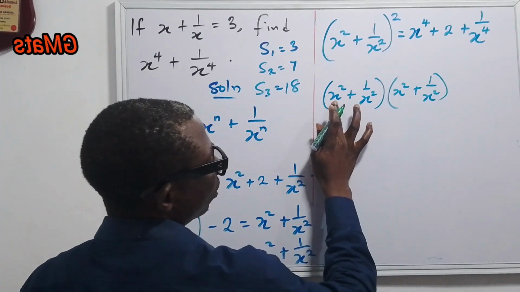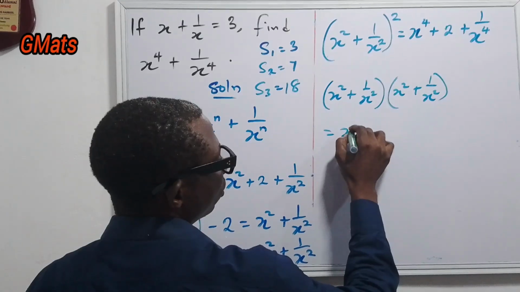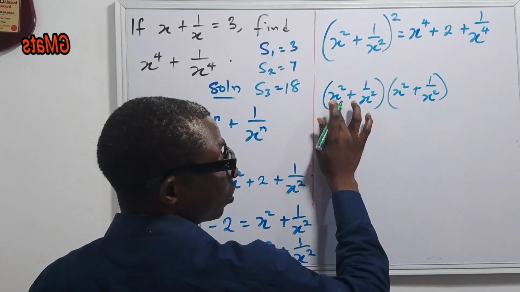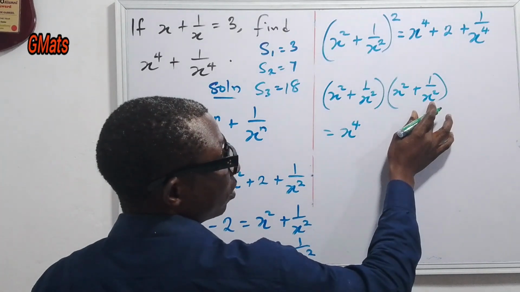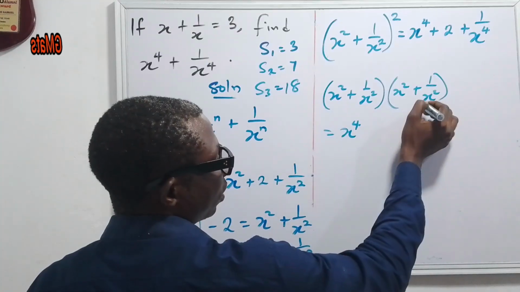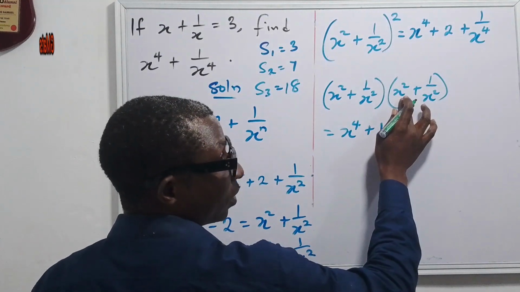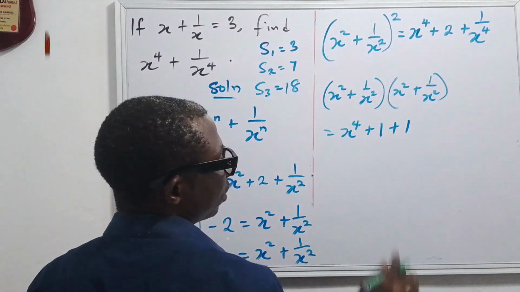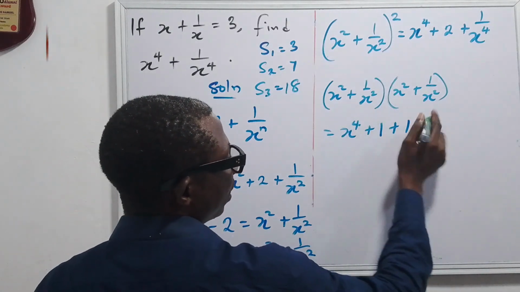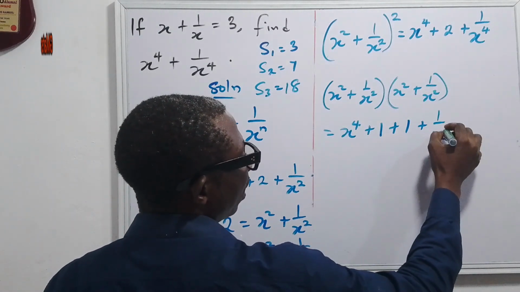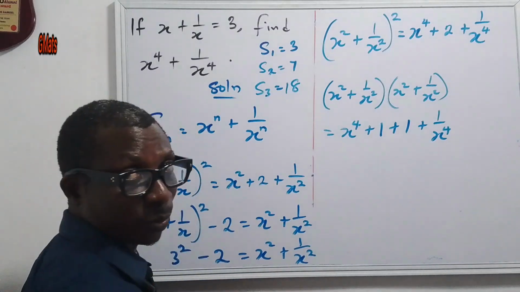So x squared times x squared, that's x raised to the power of 4. Now x squared times 1 over x squared, this will cancel, so we have plus 1. Now 1 over x squared times x squared, that's still going to give you 1. And when you multiply this and this together, you have 1 over x raised to the power of 4. I hope you understand that.